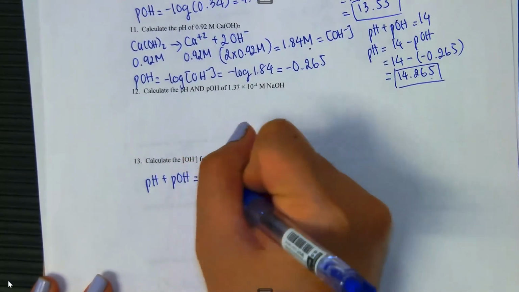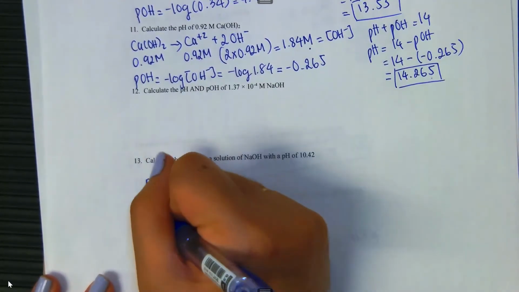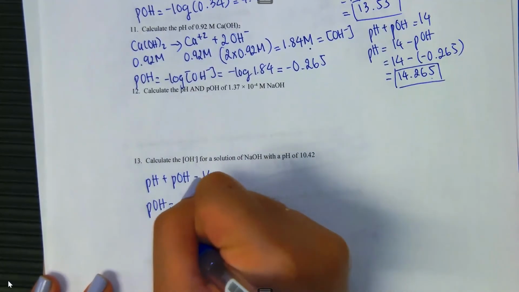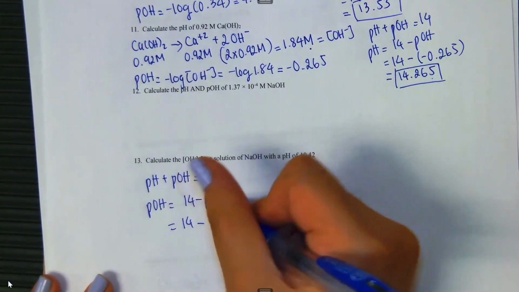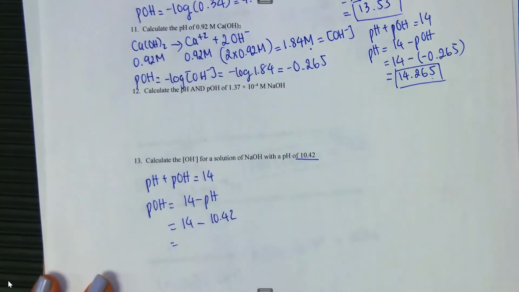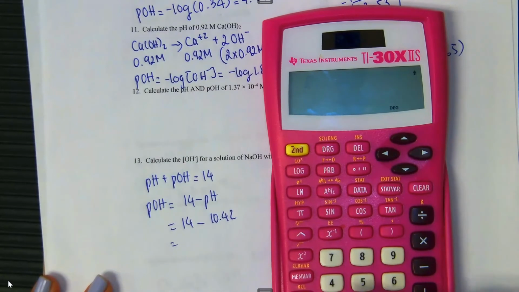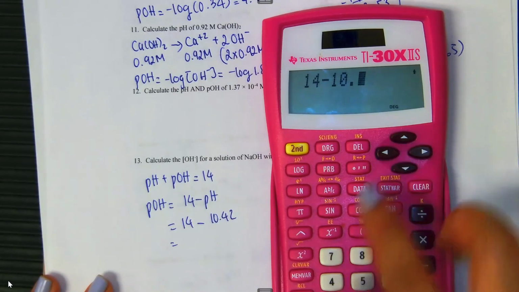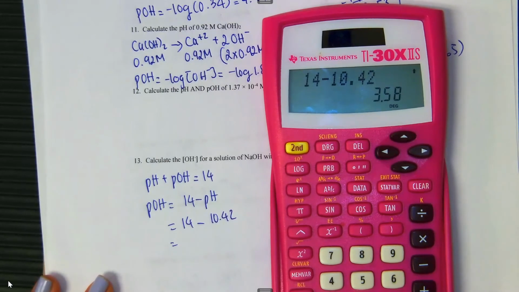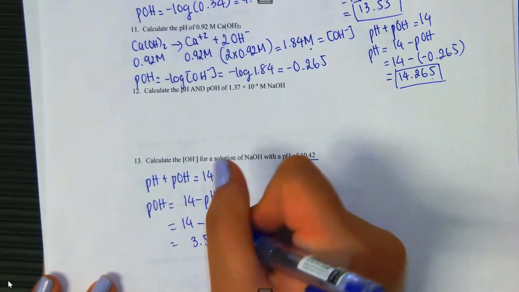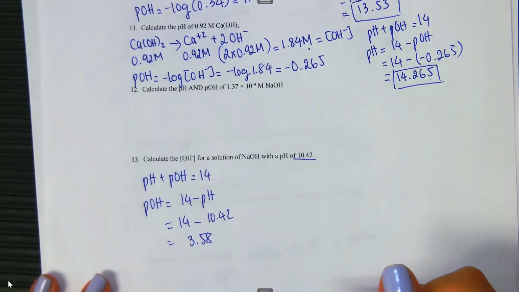I know that pH plus pOH is 14. So then pOH is 14 minus the pH, which is 10.42. 14 minus 10.42 is 3.58. It looks like the sig figs work out as well. Okay, that's the pOH.